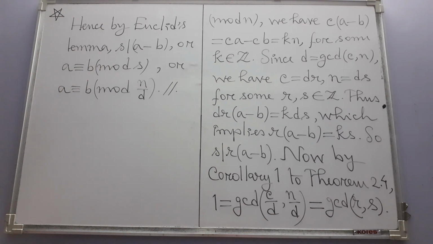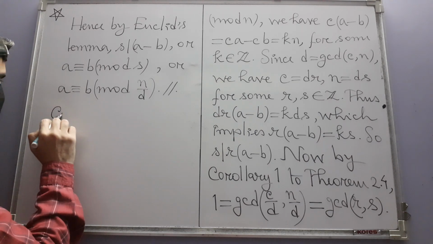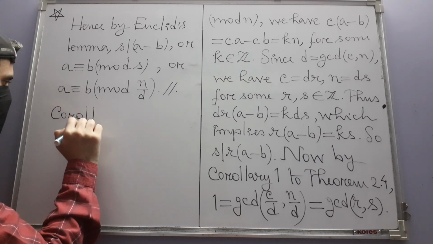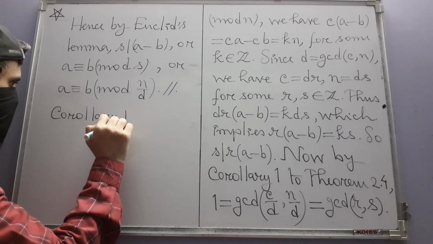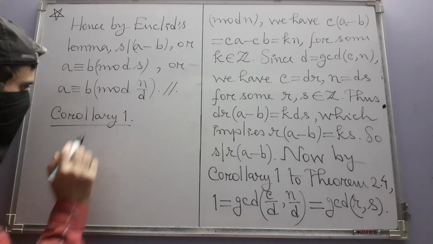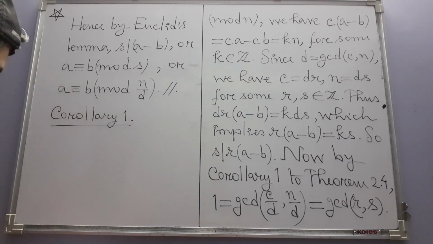Now this result has a natural corollary, which is this. There is another one, so this is corollary 1.